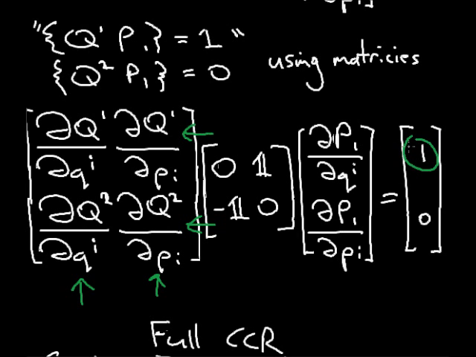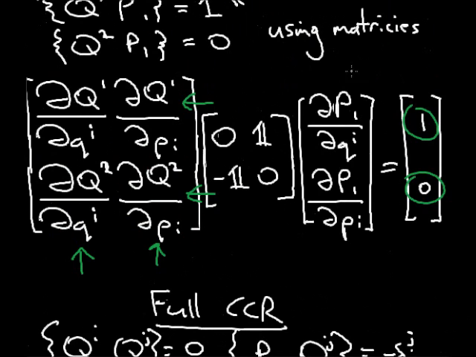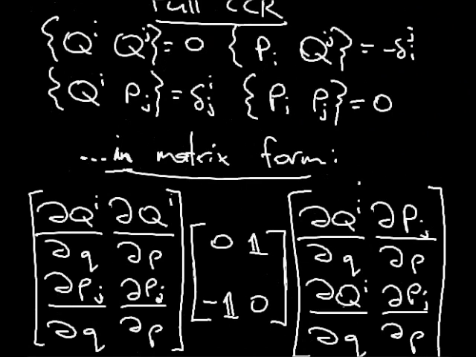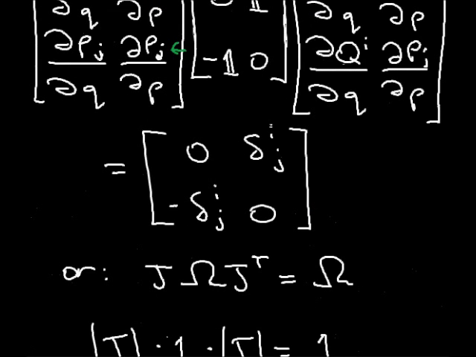Alternatively, I can expand this matrix with extra columns for different momenta, and my answer becomes a row matrix containing Poisson brackets of Q1 with, let's say, P1, P2, P3, and so on. So let's say I expand out both of these matrices to contain all the Qs and all the Ps. The answer is then a 2n by 2n matrix of Poisson brackets of Qs with Ps, Qs with Qs, Ps with Qs, and Ps with Ps.